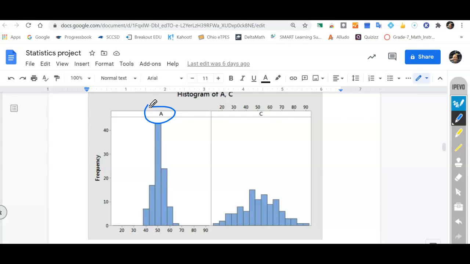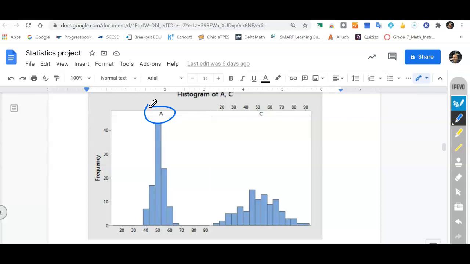Would you say that this has a high variability or a low variability? Based on what you just wrote down. It's one or the other. Which one do you think? What do you think, Lorelai?